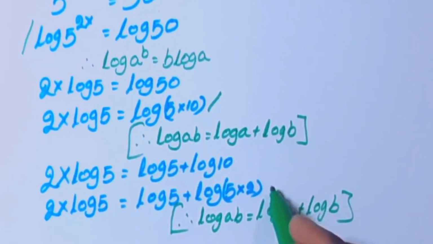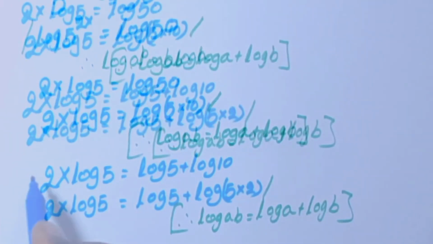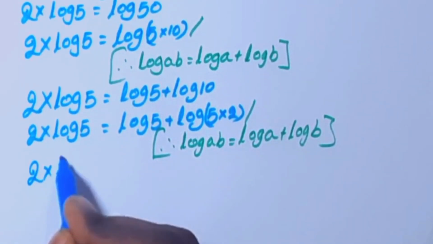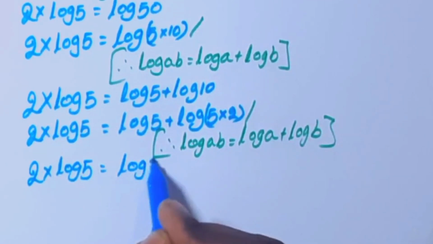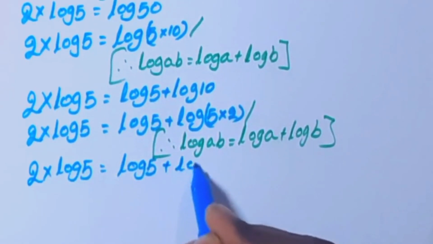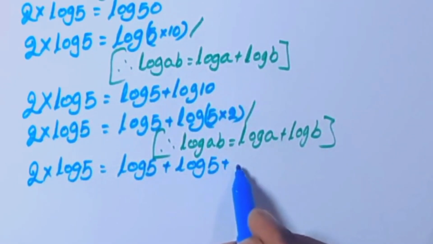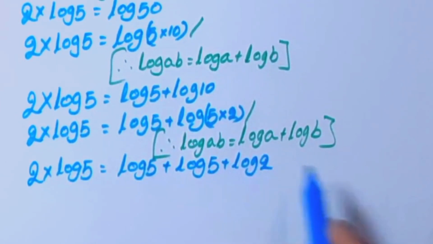So we'll get 2x log 5 equal to log 5 plus log 5 plus log 2.